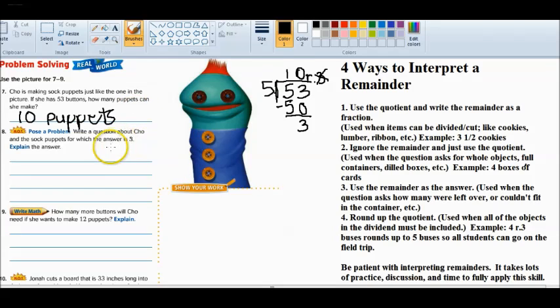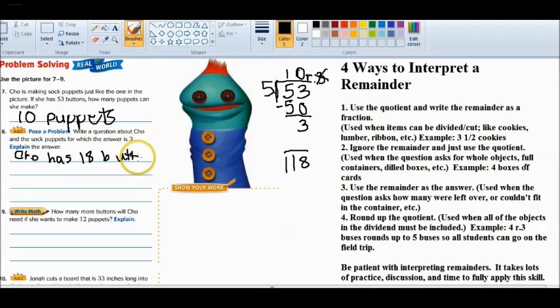Now, here's a hot problem. Pose a problem. Write a question about Cho and the sock puppets for which the answer is 3. So I'm thinking that maybe I could say that Cho has 18 buttons. So I could write that Cho has 18 buttons.